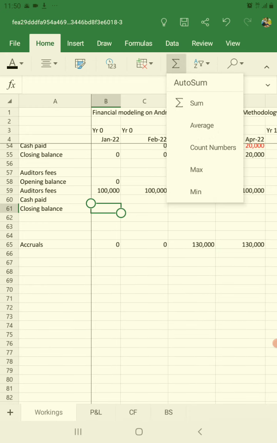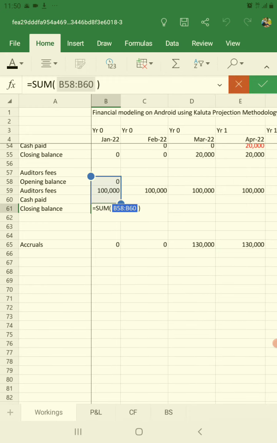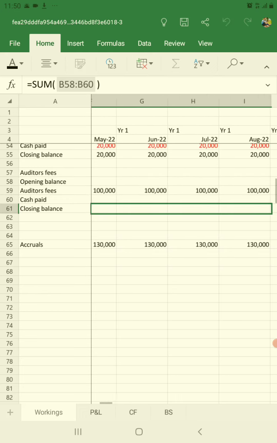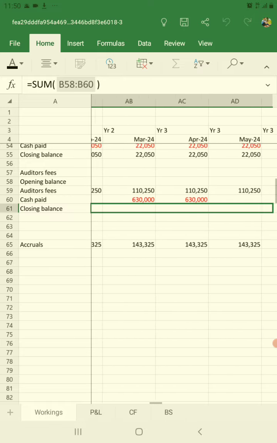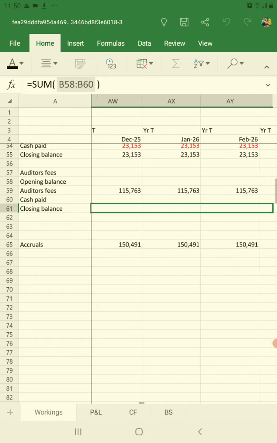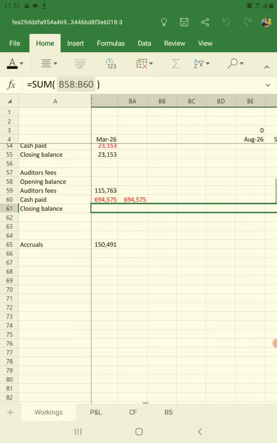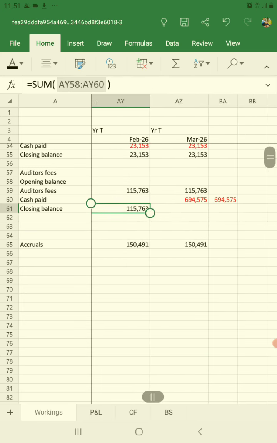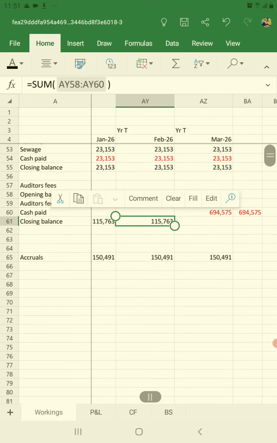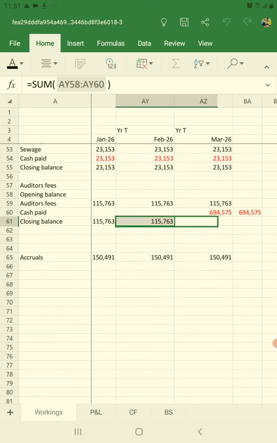So click on summation, auto sum, and then enter or check on top to accept it, and then I just fill this to the rest of projecting period. Let me take this one to finish up to here.